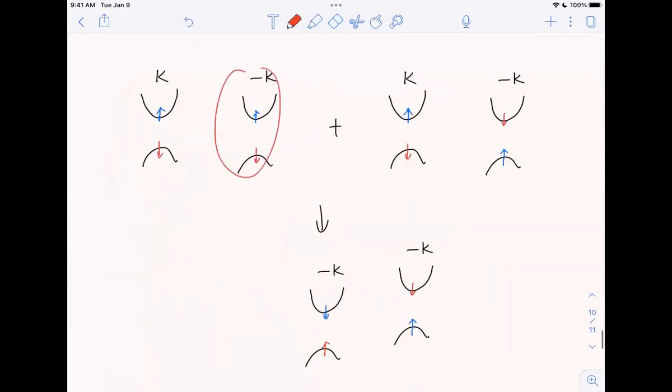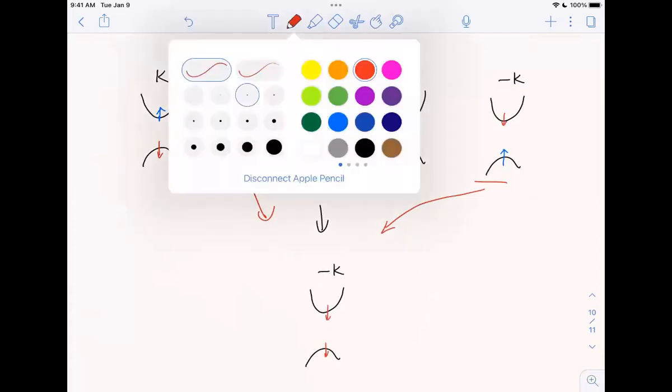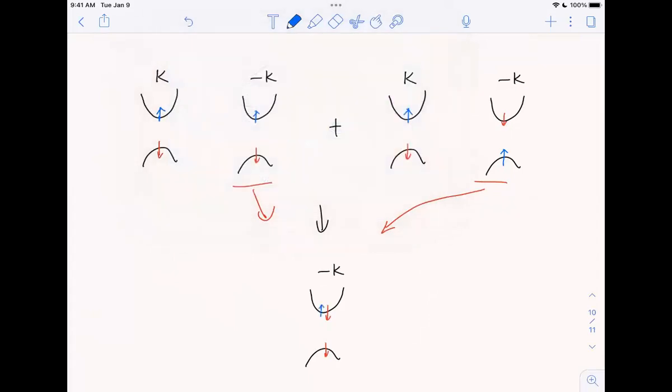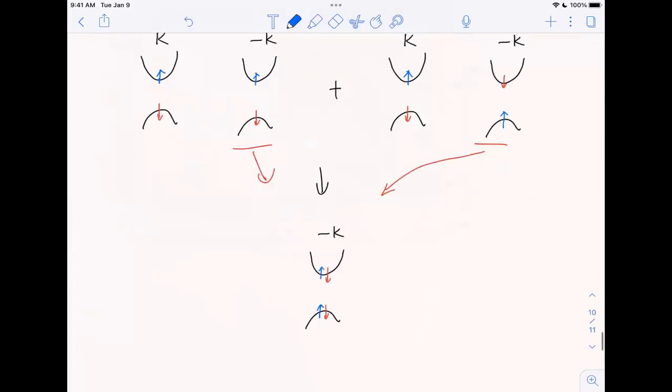Okay, so you have this and this together. Sum over. Then what you will have is, if you have down, and then you have down, and you will have up. Okay, so basically for a bilayer, you get in one valley both spin and they are degenerate.